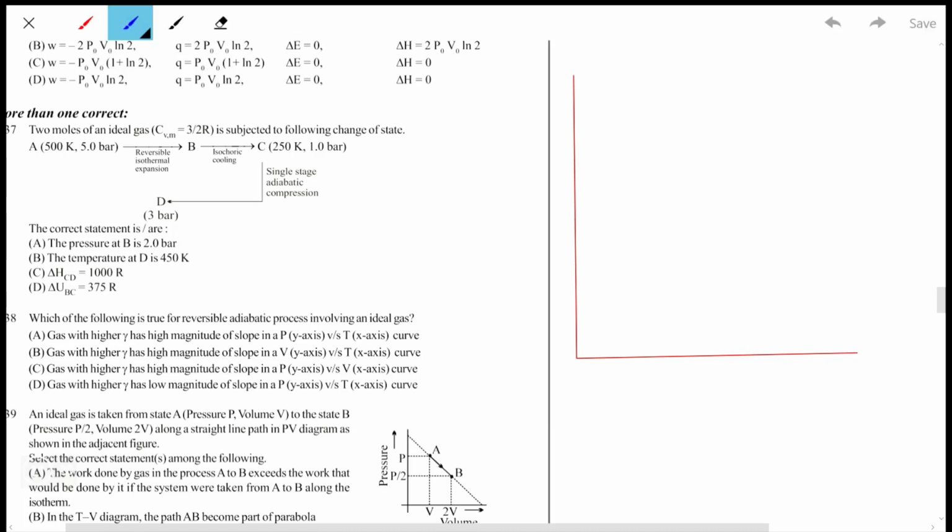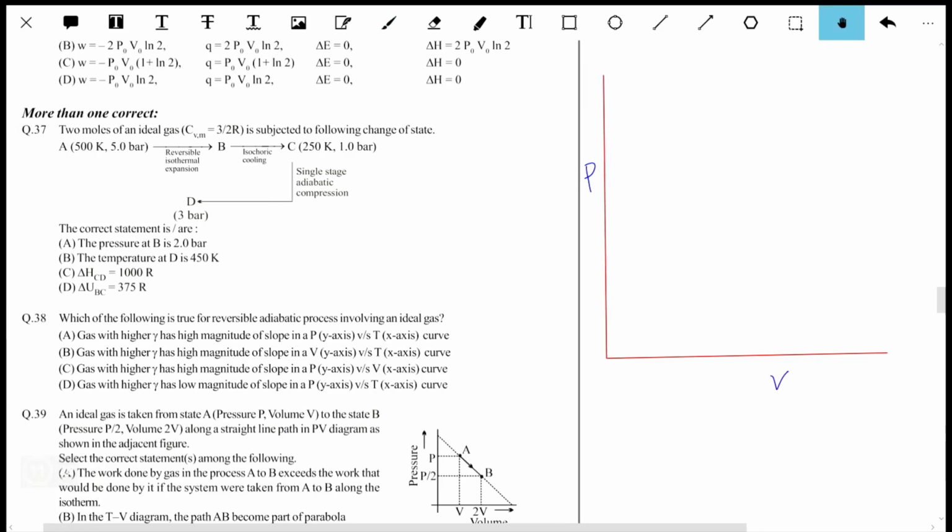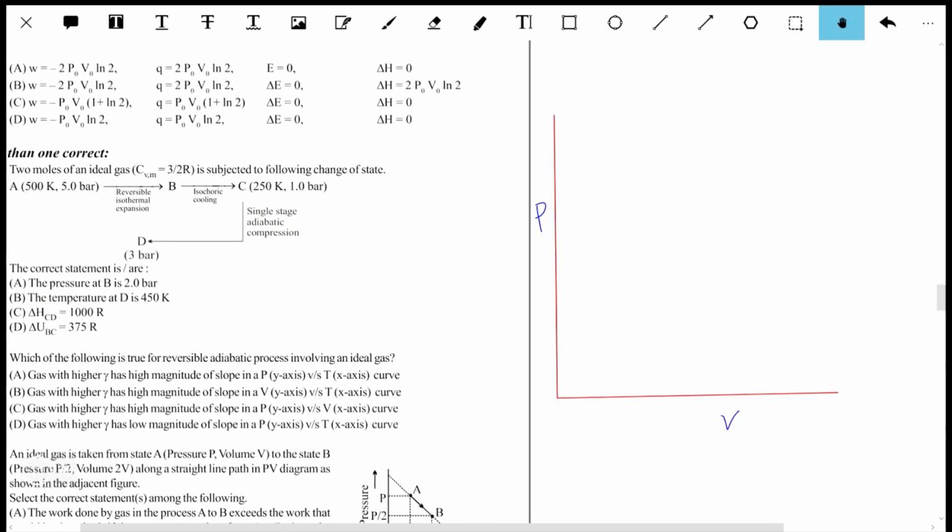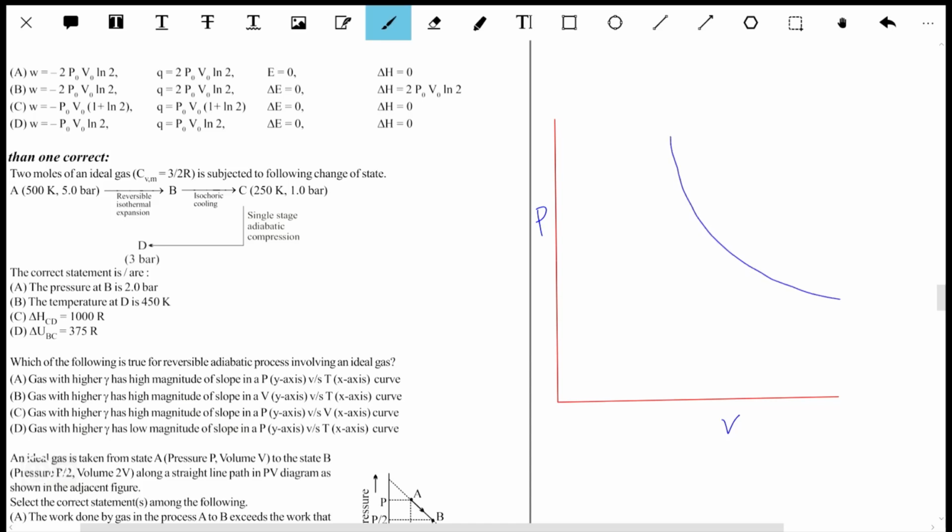So the first process is a reversible isothermal expansion.